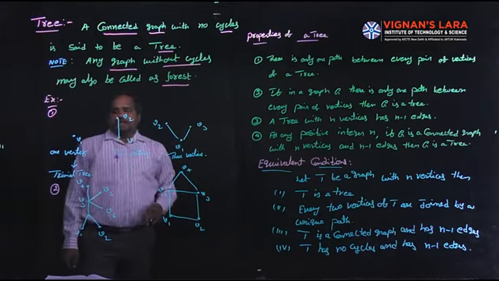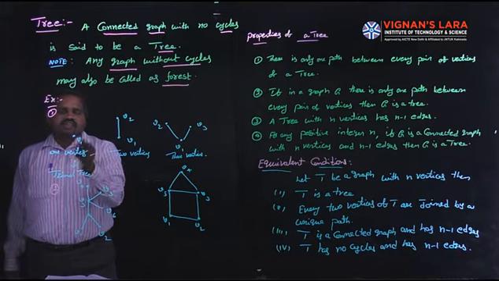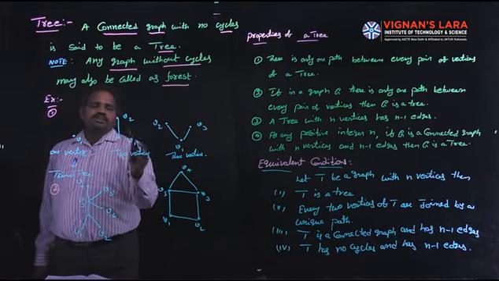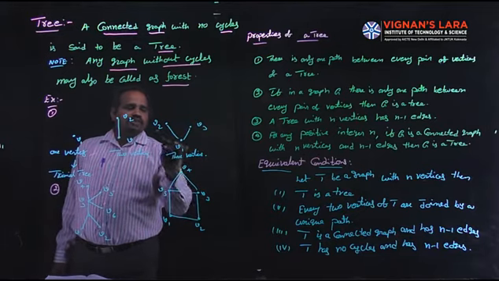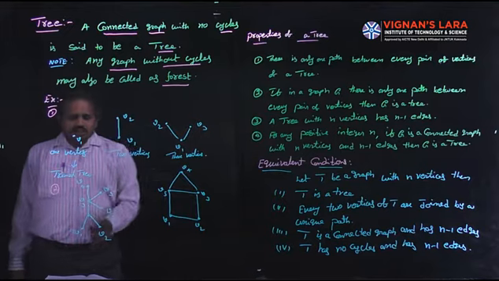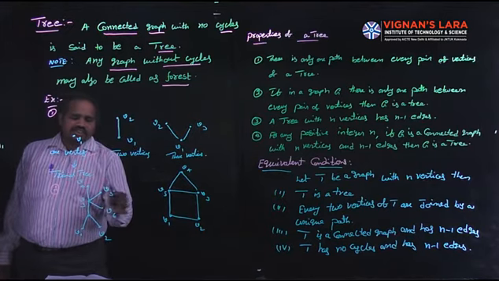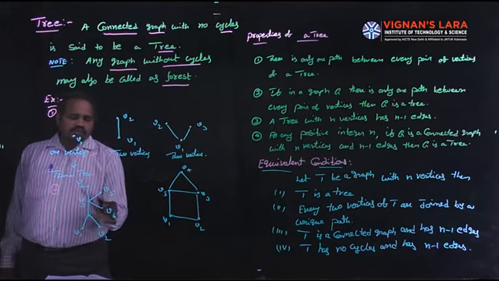Coming to the examples of trees, see this: here is a tree with only one vertex, and this one has two vertices and one edge. Coming to this one, three vertices having two edges. Coming to this one, I have 6 vertices here, v1, v2, v3, v4, v5, v6, and how many edges? 1 2 3 4 5 6.